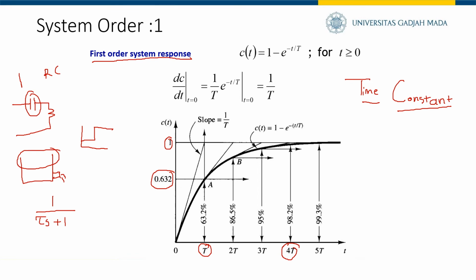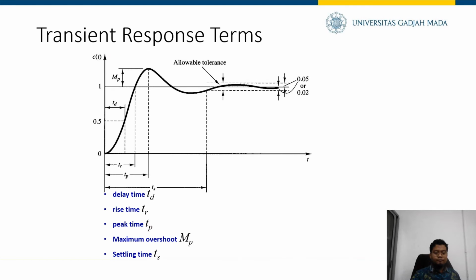That's the time transient response. Here, we will learn about several terms to define transient response. In bahasa, term is istilah. So we have several terms if we want to describe this kind of response.